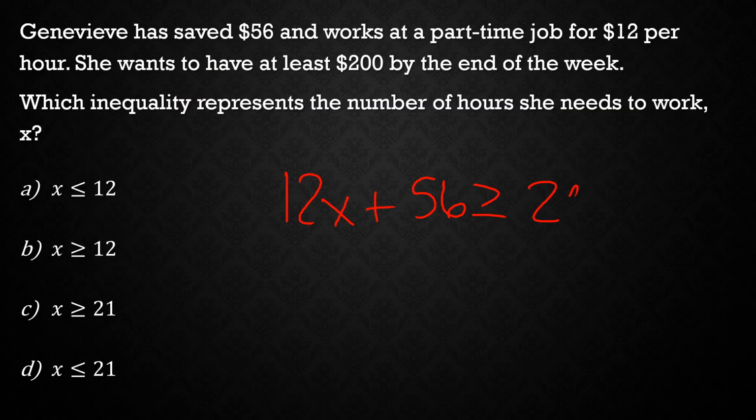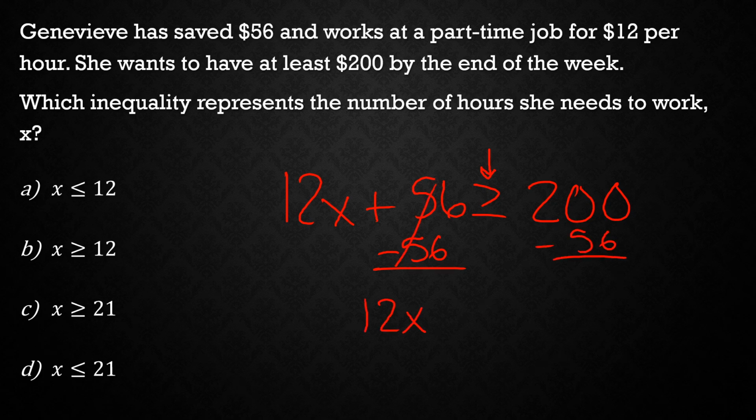Greater than or equal to 200. Okay, perfect. So now let's start solving it. When we're solving inequalities, we solve them the same way we do equations, except instead of an equal sign, we just have this inequality here. So I want to get rid of this plus 56. The opposite of adding is subtracting, so we're going to subtract 56 from both sides.